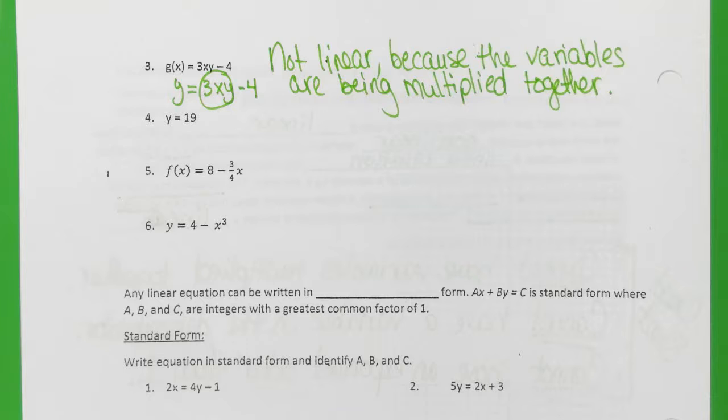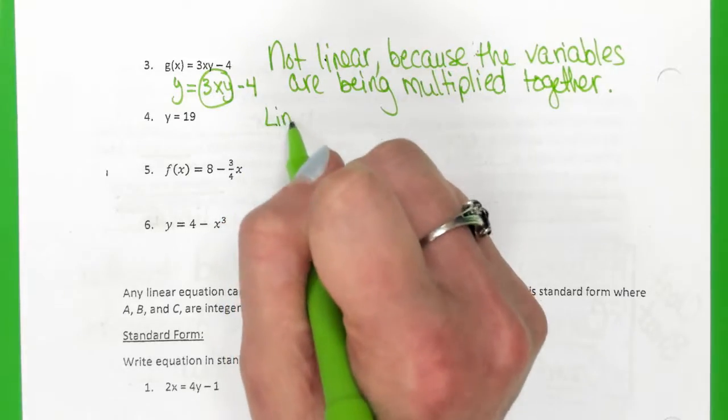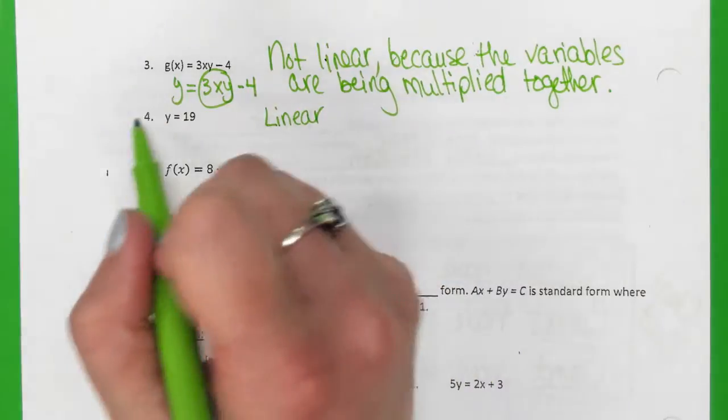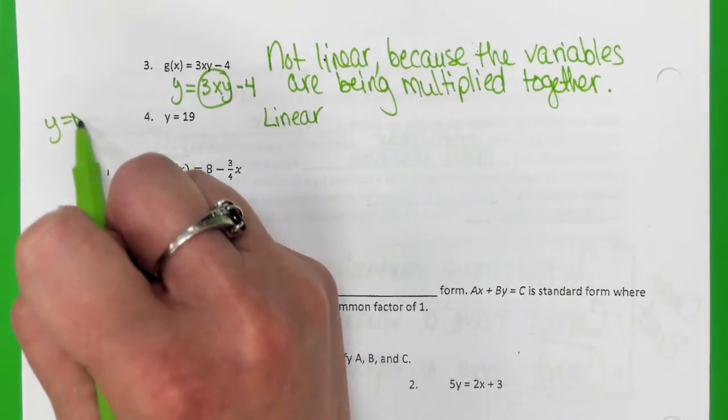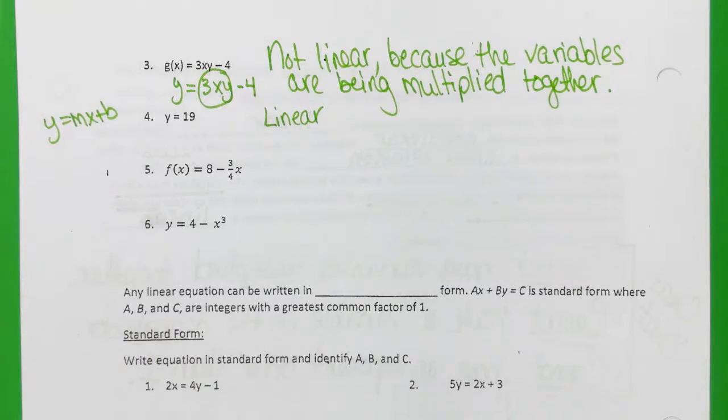What about number 4? It is linear. Okay, y equals mx plus b, right? Where is the x at? What made the x disappear?